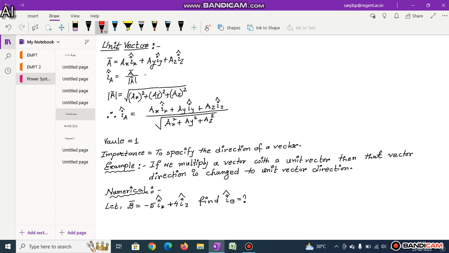Here I prefer to use I. Ix is the unit vector in direction x, iy is the unit vector in direction y, and iz is the unit vector in direction z. It is very simple.